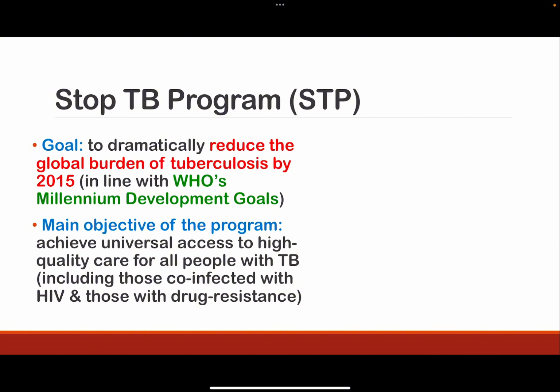So not to be confused with the 17 sustainable development goals. The SDGs are different from our MDGs. The main objective of the program is to achieve universal access to high quality care for all people with tuberculosis, including those co-infected with HIV and those with drug resistance.